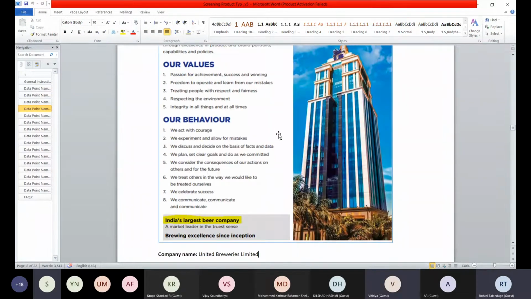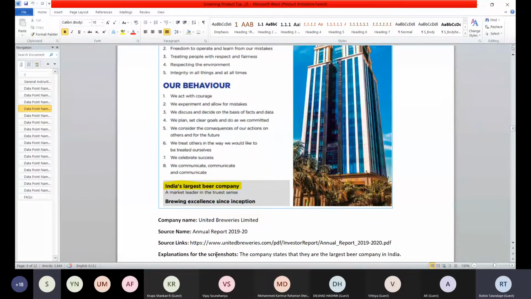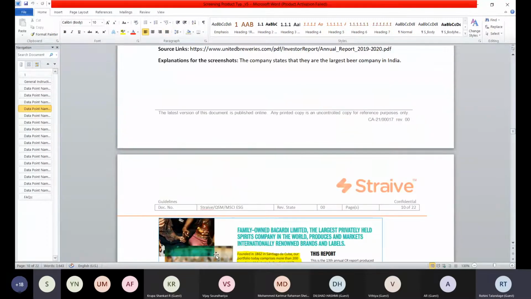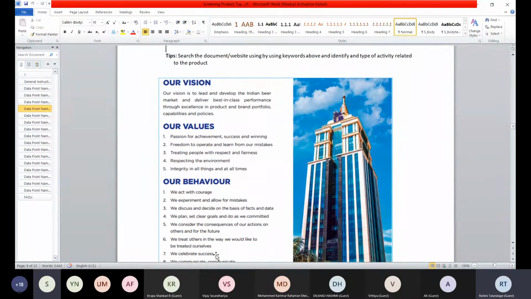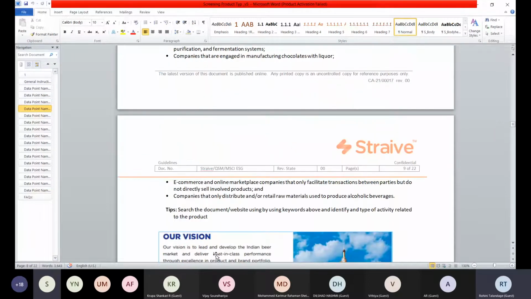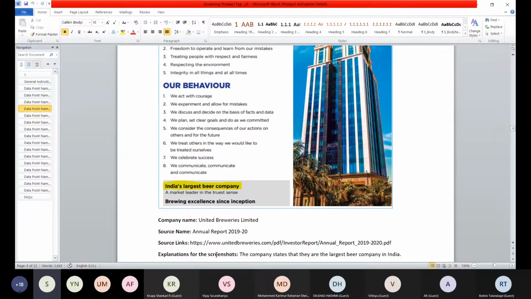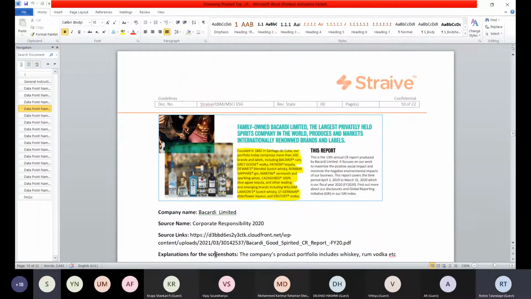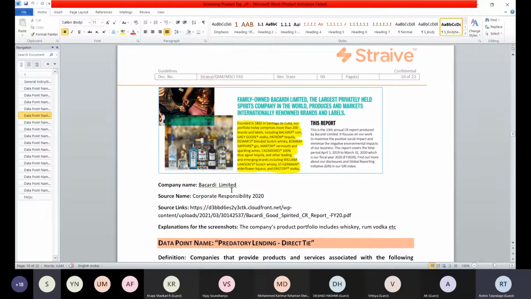Now for this we have one snap. Here you can see India's largest beer company, which indicates that they are producing it. Or also you can see their business overview, from where you can get whether they are producing that alcohol or not. We have one more, Bacardi Limited. You know that Bacardi is related to alcohol only.